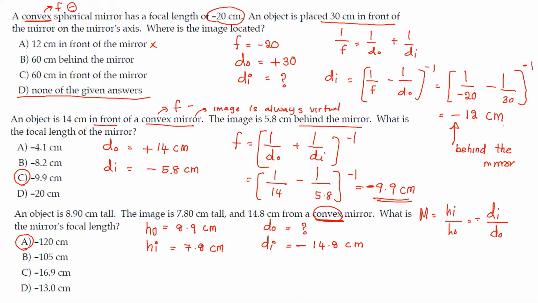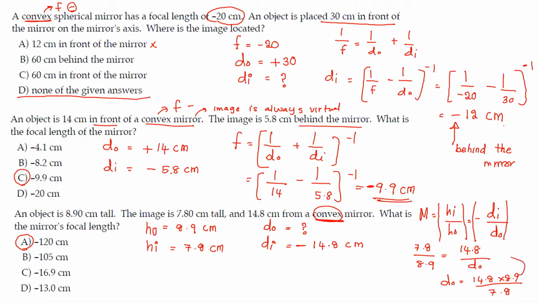Even if you use the negative sign as it is, you still get the answer. Or to avoid complicating things, we can just take the magnitudes. So what do we get? 7.8 divided by 8.9, those are the heights, equals DI, 14.8, divided by D naught. So from this, I get the value of D naught as 14.8 times 8.9 divided by 7.8.